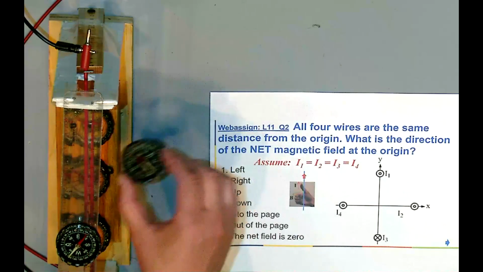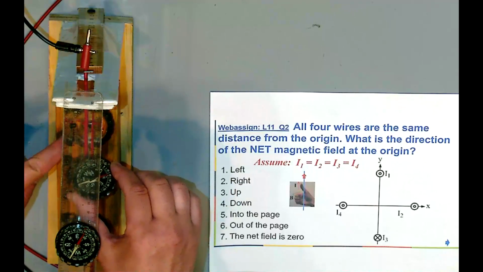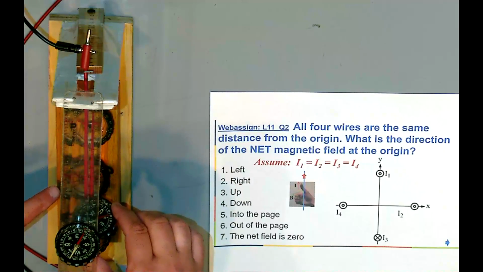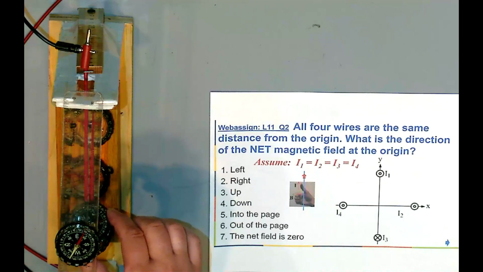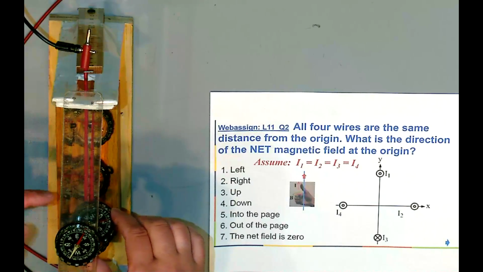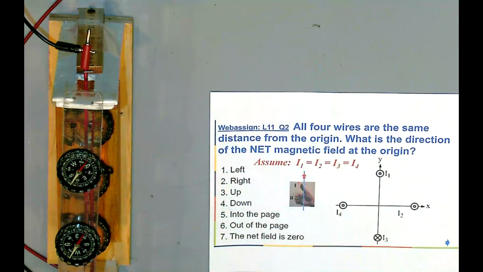And if you compare the orientation below the wire and above, it's opposite, white to red, and here it's opposite, because the magnetic field above and below are opposite.